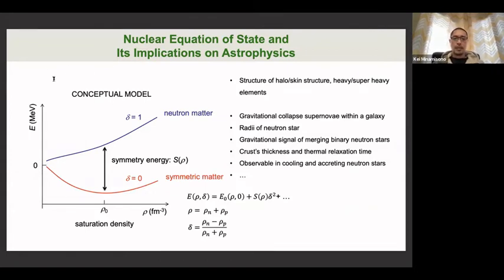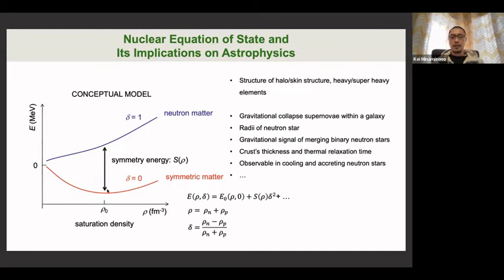So the equation of state. Here I'm showing a cartoon, or schematic, of the conceptual model of the equation of state. This is the energy of the nuclear system as a function of the density or pressure of the system. For symmetric matter, meaning the stable isotopes where protons and neutrons have about the same numbers, the system binds, so the energy goes negative.